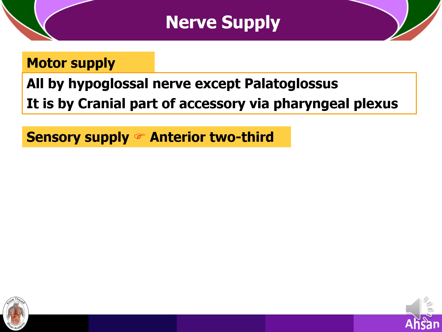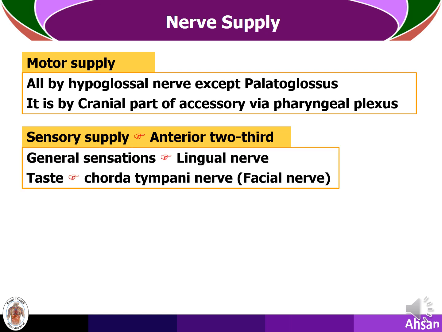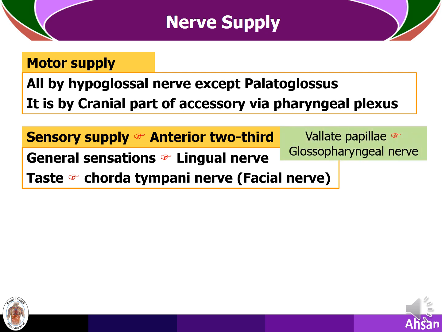Sensory supply has two distinct areas, the anterior two-third and the posterior one-third. The anterior two-third has general sensation from the lingual nerve, and taste from the chorda tympani nerve. The lingual nerve comes from the mandibular division of the trigeminal nerve, and chorda tympani comes from the facial nerve. The vallate papillae are supplied with the posterior one-third, though they are situated in the anterior part.